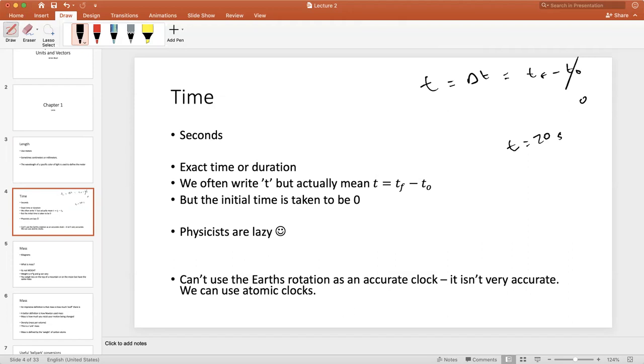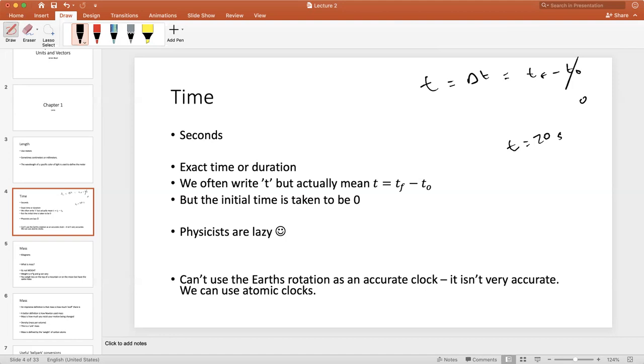But the Earth itself is a really inaccurate clock. Time changes based on a lot of things. Earthquakes can actually cause the rotation of the Earth to slow down, making the day longer. Just clocks wind down.